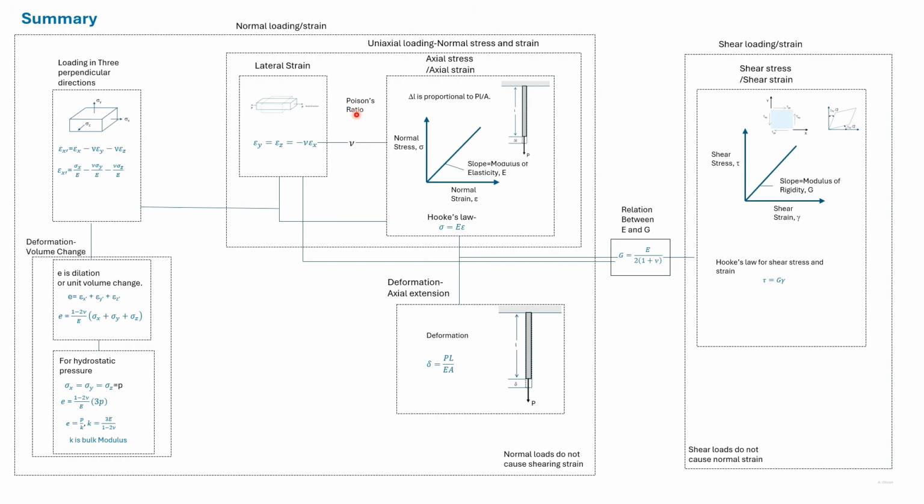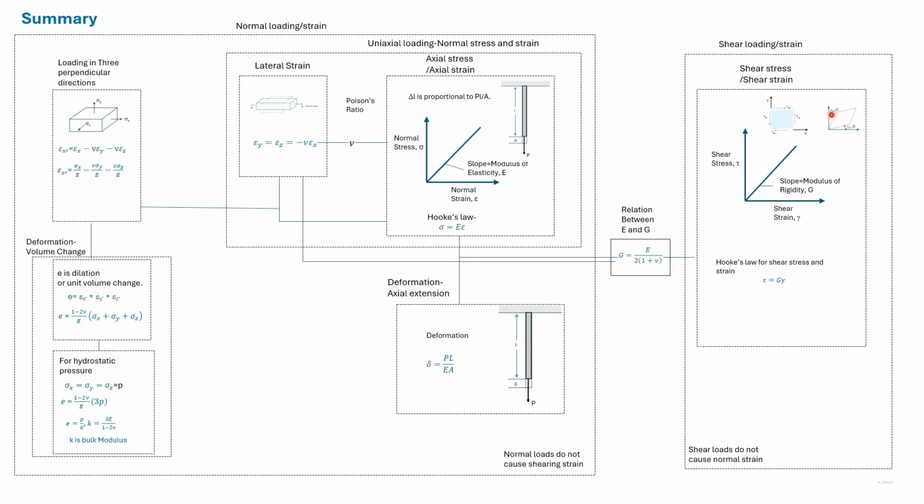Poisson's ratio is the negative of the ratio of lateral strain to axial strain. Hence, for a body subjected to a load in the x direction, we get lateral strains epsilon y and epsilon z by multiplying the strain epsilon x with minus mu.